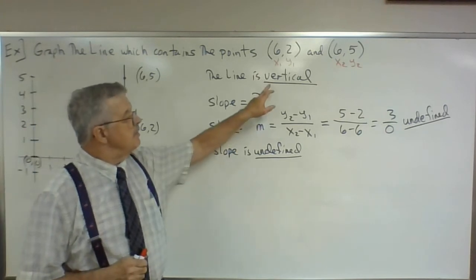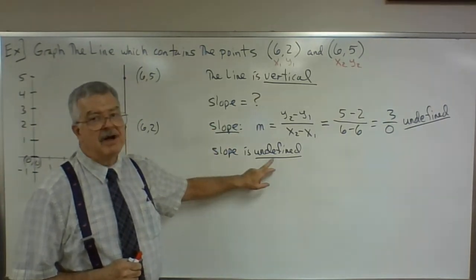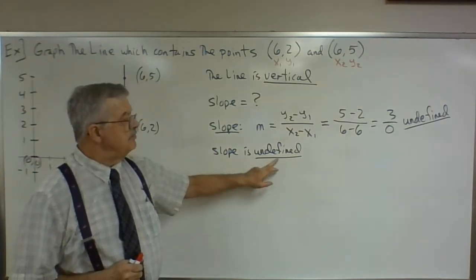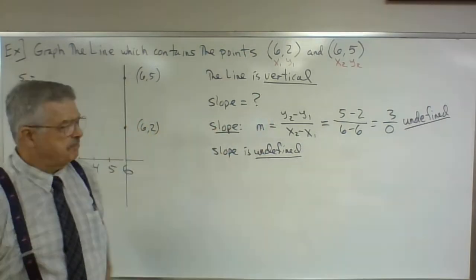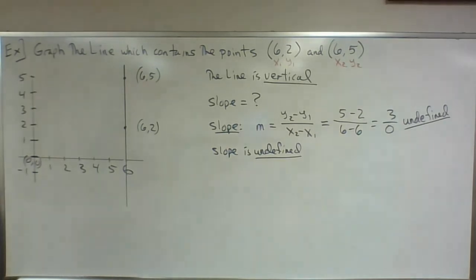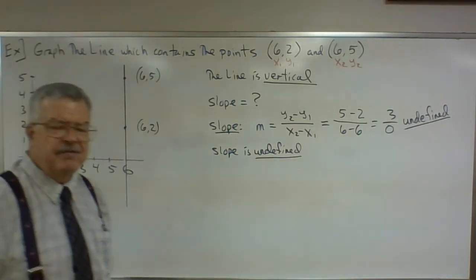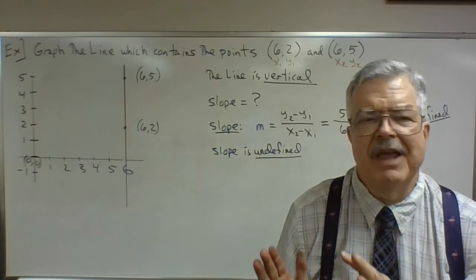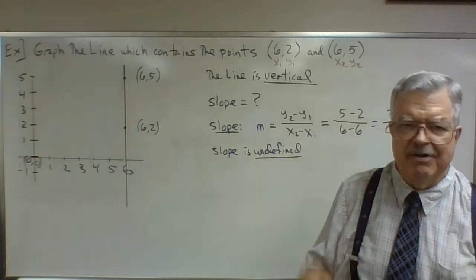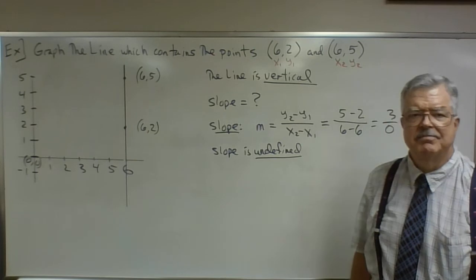Whenever we have a vertical line, the slope is undefined. Whenever the slope is undefined, we have a vertical line. Now, what else about this example helps us characterize a vertical line?